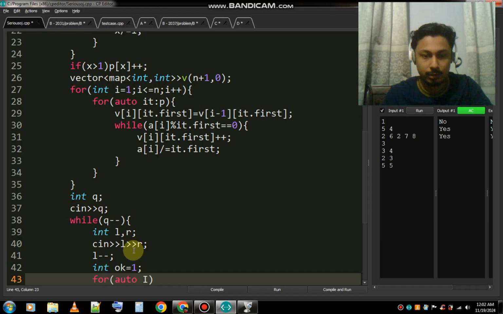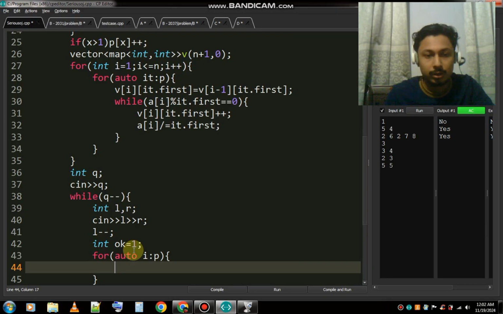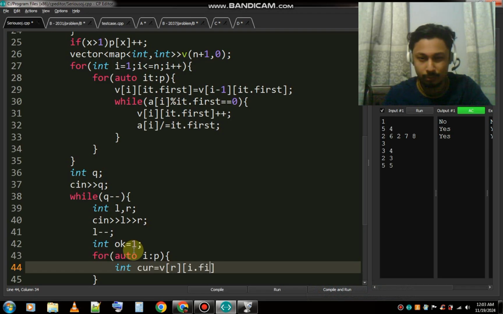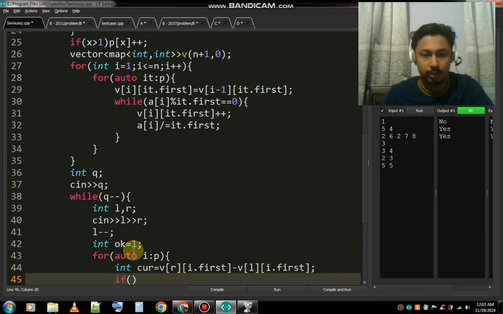For each prime factor i, we need to check the frequency in this range using the current sum: prefix of right minus prefix of left for that prime. The frequency must be greater than or equal to x's prime factor count, i.second.